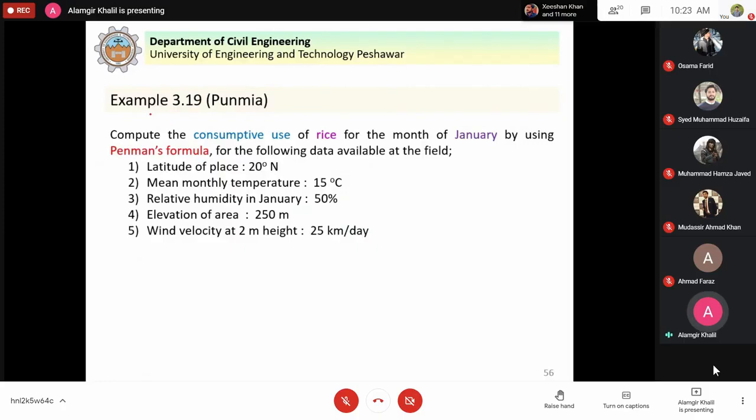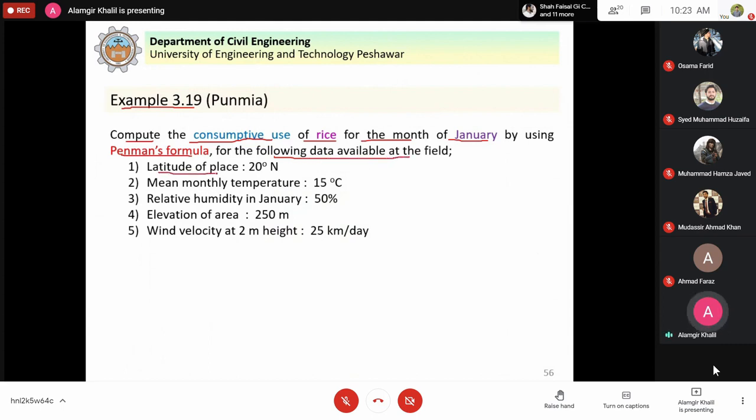Now let us try to solve a problem, how we apply the Penman's formula and use these different tables to calculate the consumptive use. So this is example 3.19 from the Punmia book. Calculate the consumptive use or evapotranspiration of rice for the month of January by using the Penman's formula for the following data available at the field.